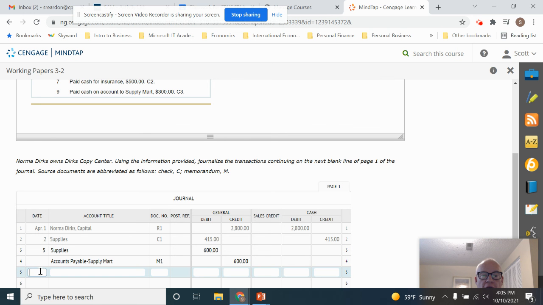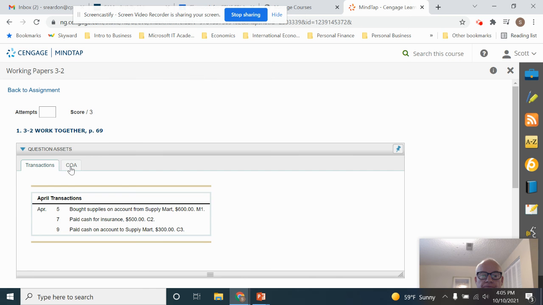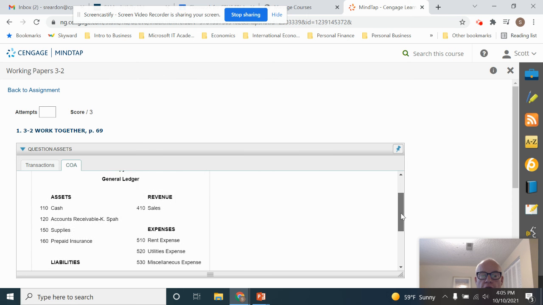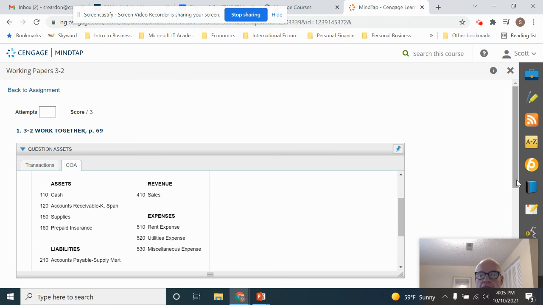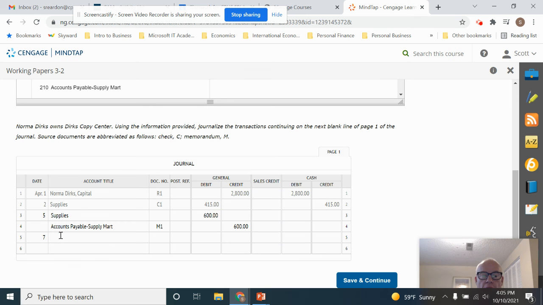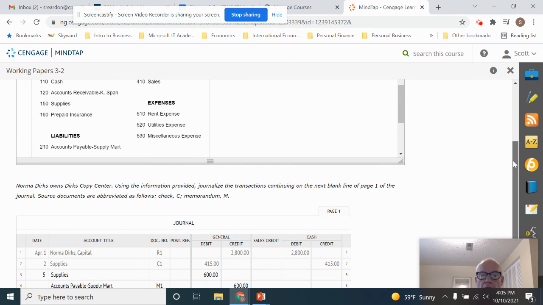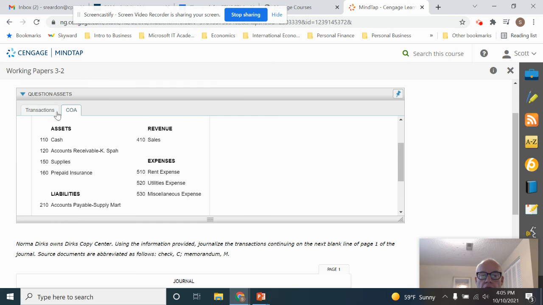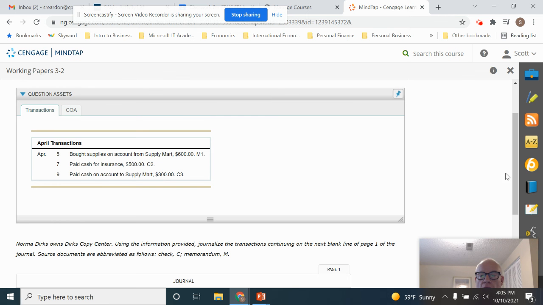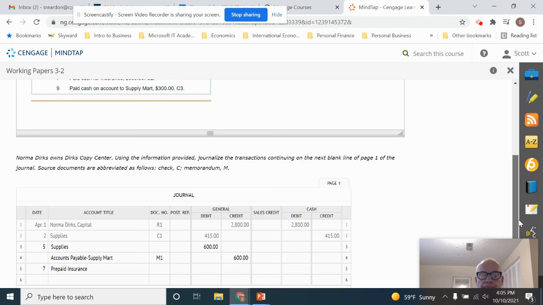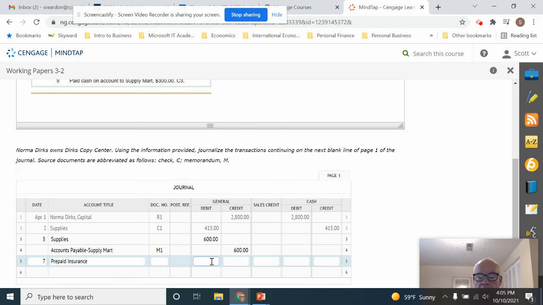Next, on the 7th, paid cash for insurance. Again, let's go to our chart of accounts here. What does insurance look like? Prepaid insurance. Perfect. I'm going to be debiting prepaid insurance, $500.